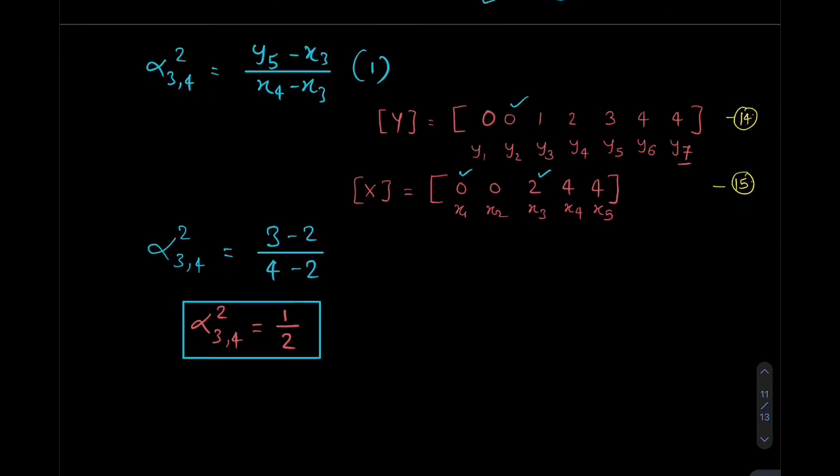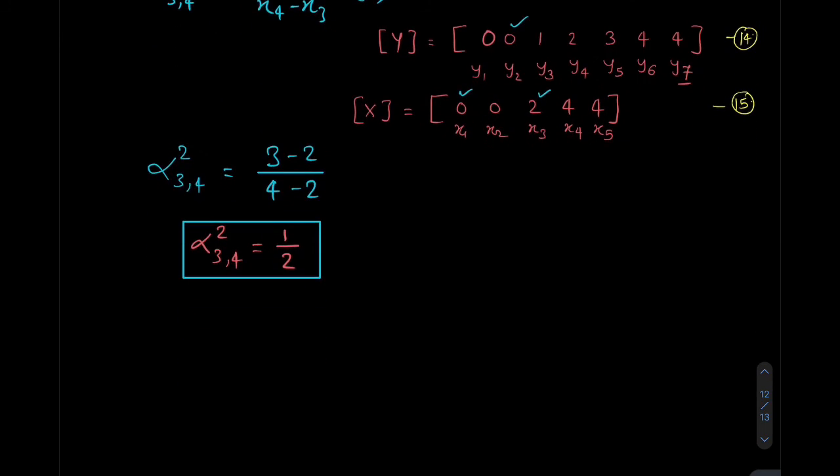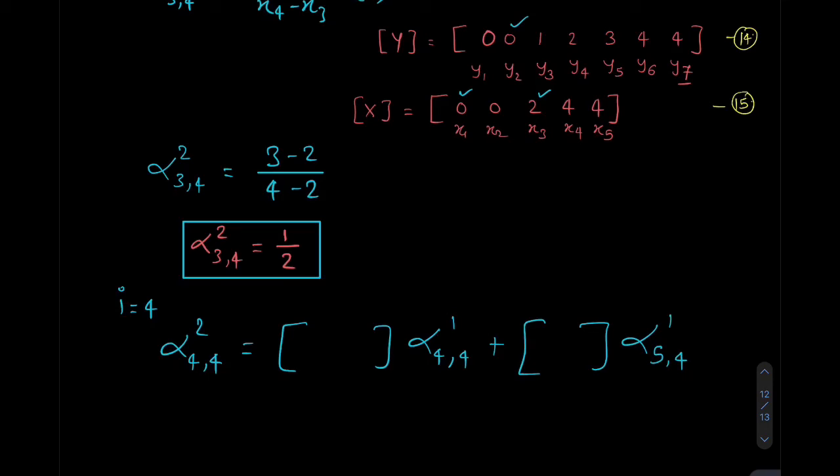Okay, so again increment now I by 1, so 4. So naturally this is alpha 4 comma 4 which will have some bracket alpha 4 4 and plus some bracket into alpha 5 4. These values are 0 naturally straight away. Okay, so alpha 4 comma 4 is 0.